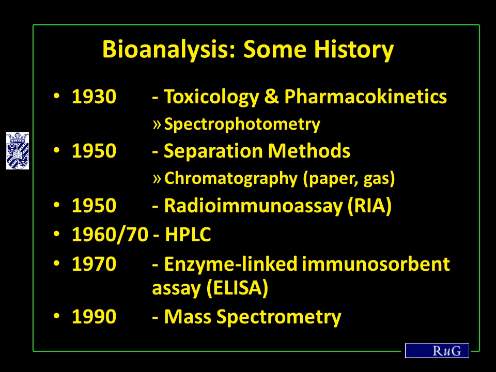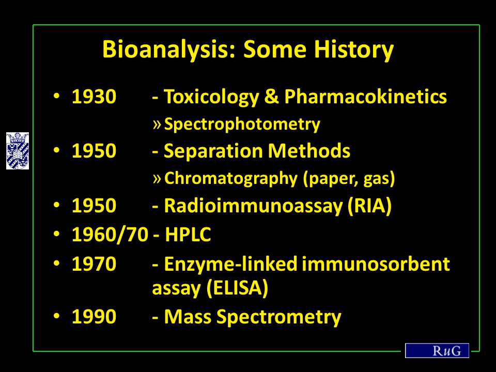Last but not least, in the 1990s, mass spectrometry made its entry into instrumental bioanalysis as a very powerful selective detection method which also provides chemical information about the compounds. Mass spectrometry is a very versatile method because it is not dependent on an enzyme reaction or radioactivity, but it is only measuring mass to charge ratio.